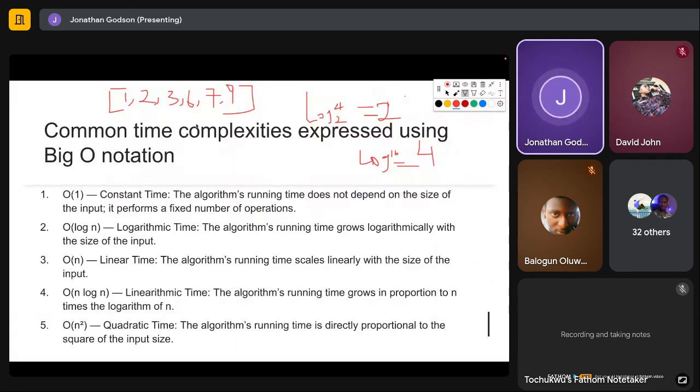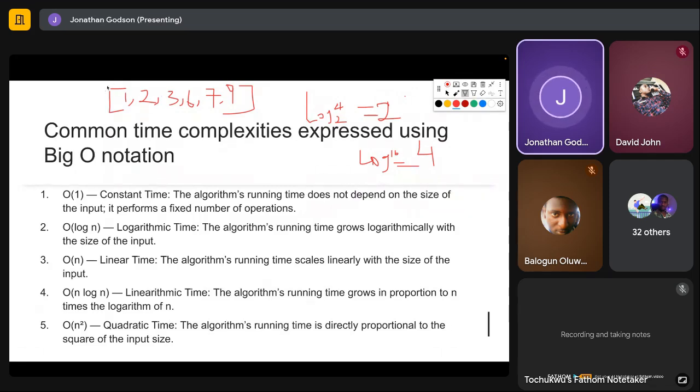And we're asked to find the biggest number in this array. What we mean by linear time is that it will take us 6 iterations to get to the biggest number.